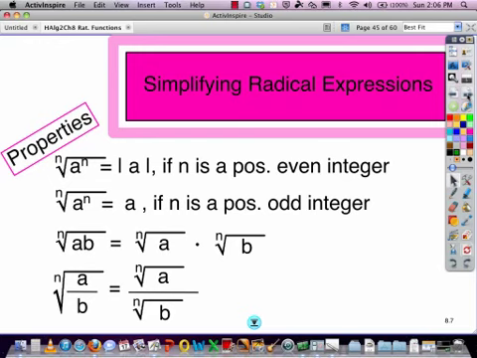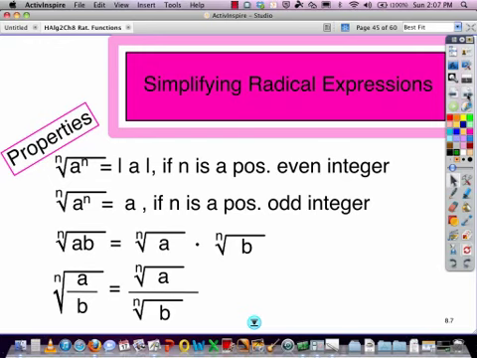So in other words, if it's even, the fourth root of a to the fourth, if that comes out, it would come out as a, but we want to make sure that's a positive value, so we need to put it in absolute value signs, okay, to make sure we're getting positive answers.